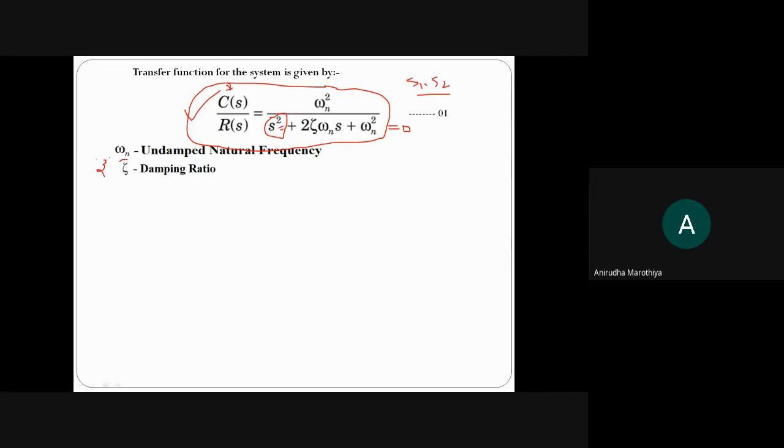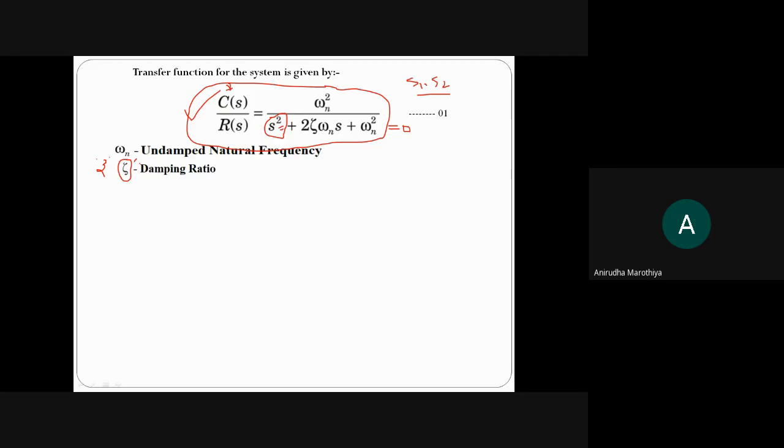But if you refer to a standard book, in most cases damping ratio is indicated by this symbol because this is the standard representation for zeta. Zeta is called the damping ratio and omega n is called the undamped natural frequency, or simply the natural frequency of oscillation. So this is your step number 1.